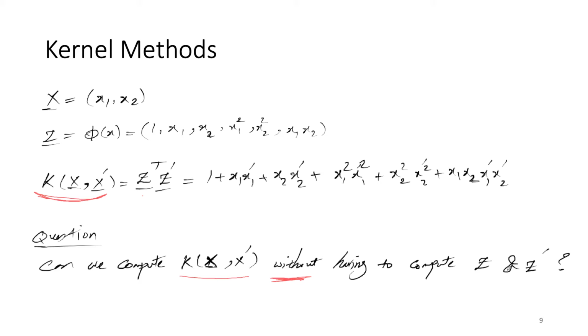Does anyone have any clue? Because Z prime is the evil now, right?